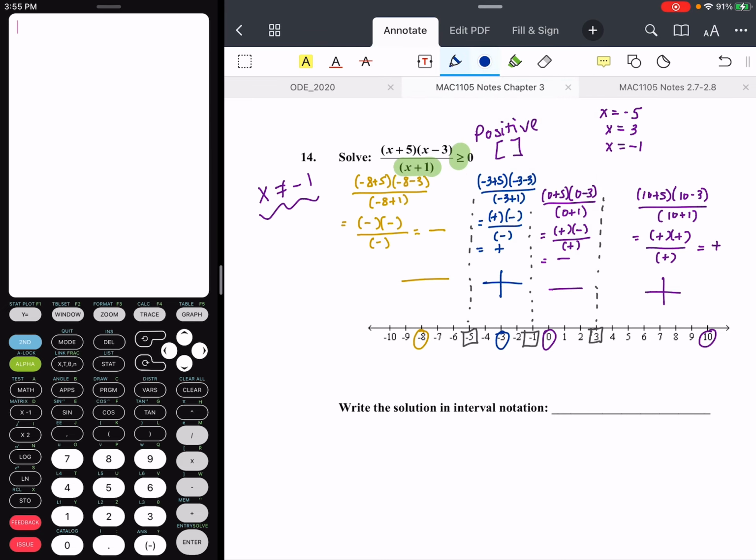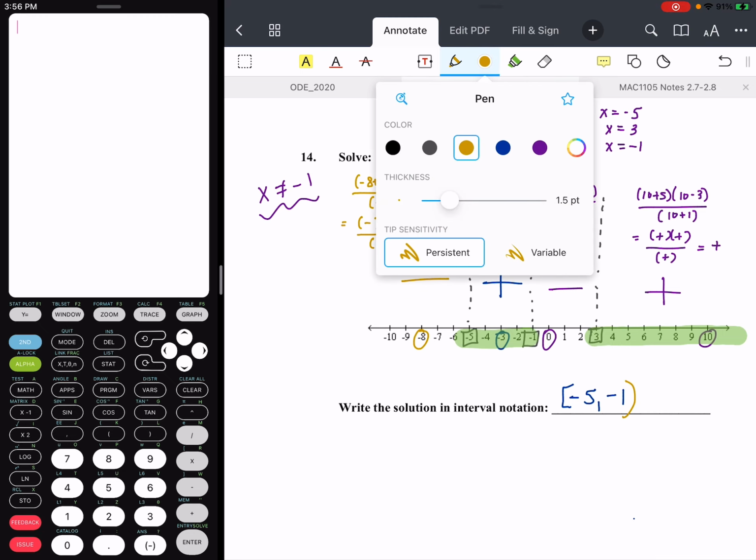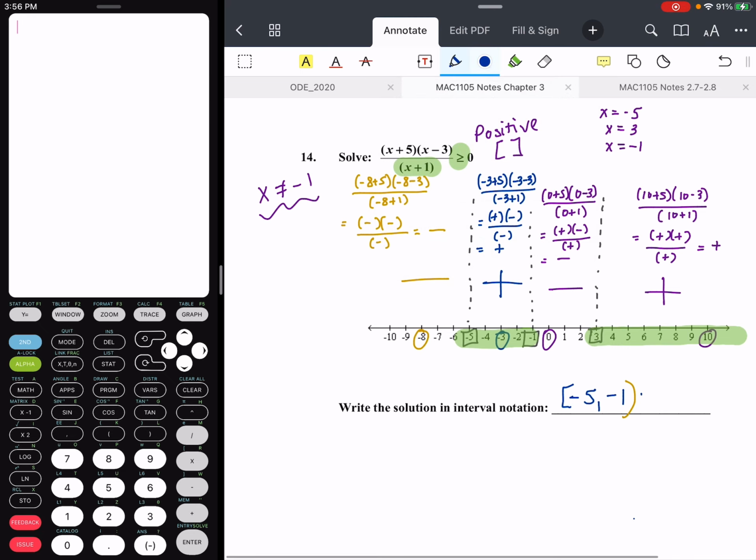My positive intervals are from -5 to -1, and then from 3 out to infinity. So using my square bracket, -5 to -1. Now here, remember that I can't use a square bracket at -1, so I'm going to use my rounded parenthesis, then my union symbol, then a square bracket for 3 out to positive infinity.